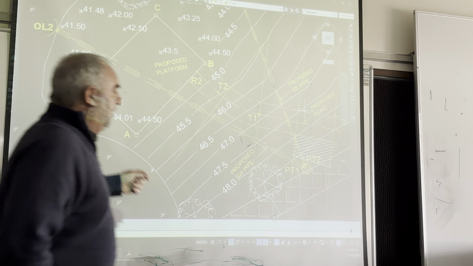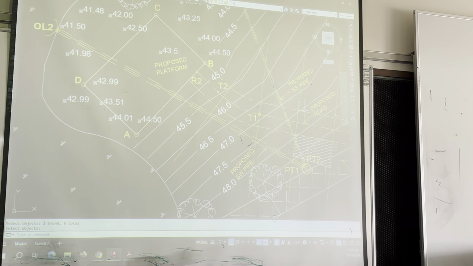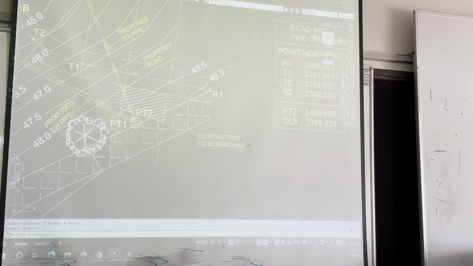What we didn't do is, so for example, the first one, see here, there's a tree here, and the cross section goes across here, and we're looking that way.